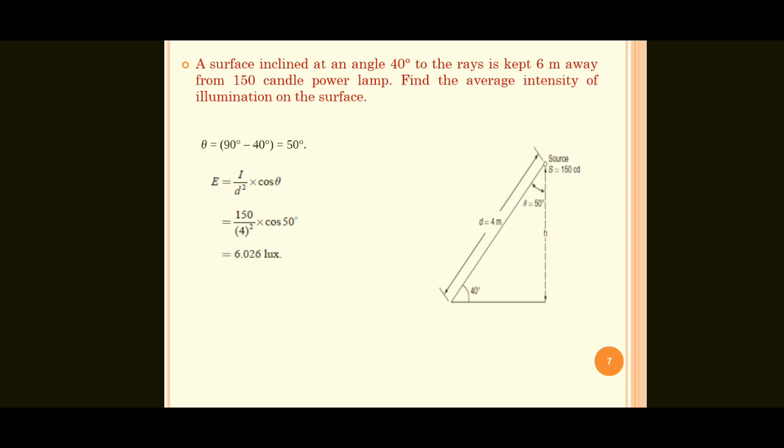So first write down the given data: 40 degrees, and the intensity I becomes 150.